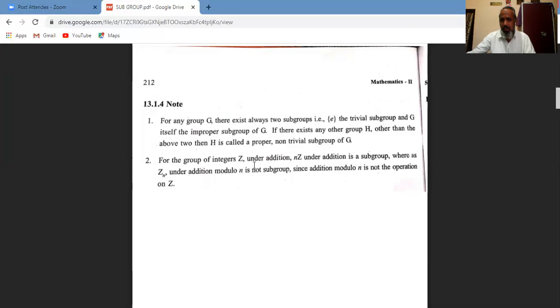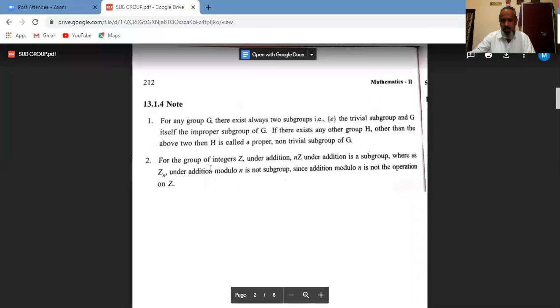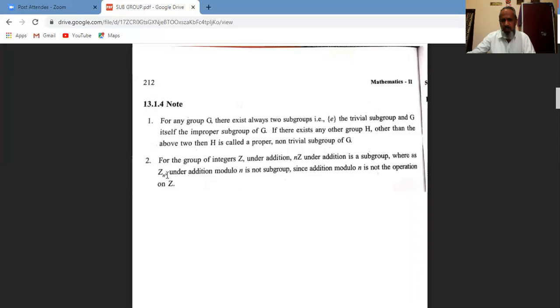So 2Z is a subgroup of Z. So here we say that under addition as a binary operation, nZ is a subgroup of Z, whereas Zn is the set of integers under addition modulo n.